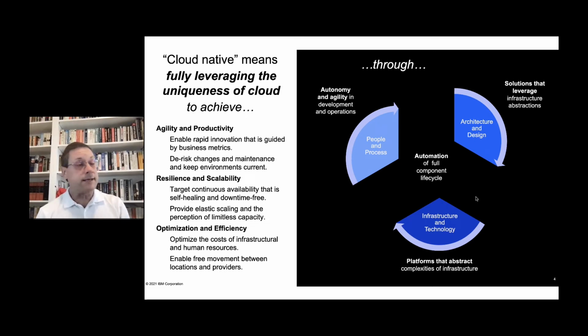The people and process aspect is really the one that's linked to both autonomy and agility of your teams. It's being able to make your teams more effective in what they do so they can deliver smaller results more quickly and more effectively. It's also giving you the right architectural approaches so that you have solutions that leverage the uniqueness of the cloud infrastructure.